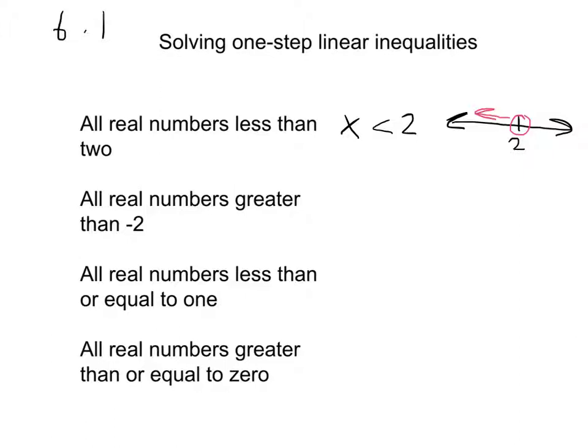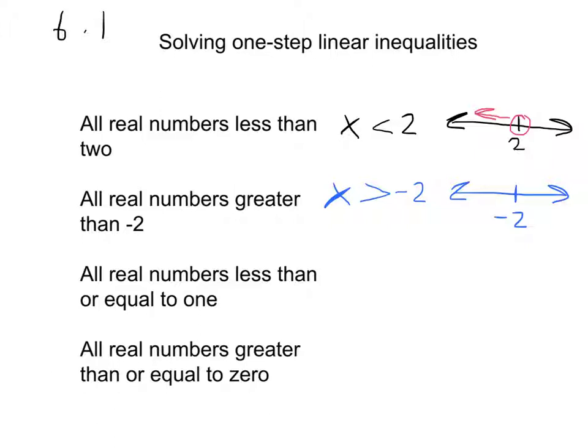Let's look at another one. All real numbers greater than negative 2. So I have x is greater than negative 2. Notice it's greater than only. If I was going to graph that, the most important point on this line is negative 2.